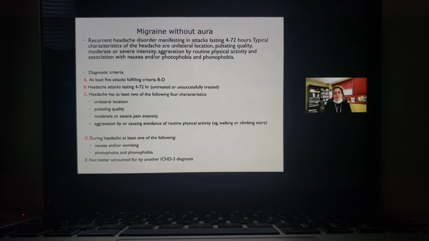When they go beyond, the individual enters what is called a status migrainosus, which is maintained. And mainly unilateral. It feels like a bump in your head. That's the vascular component. The patient will say, "Doc, my head feels like it's going to explode. Boom, boom, boom, boom, boom, boom.